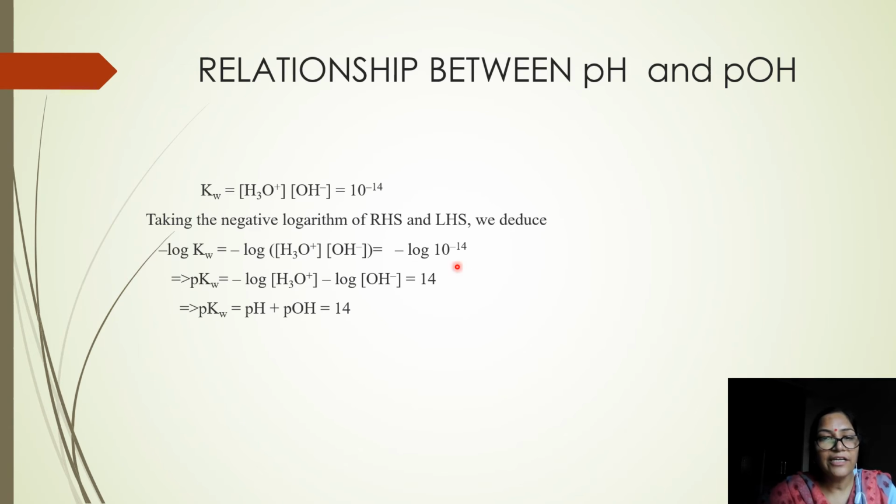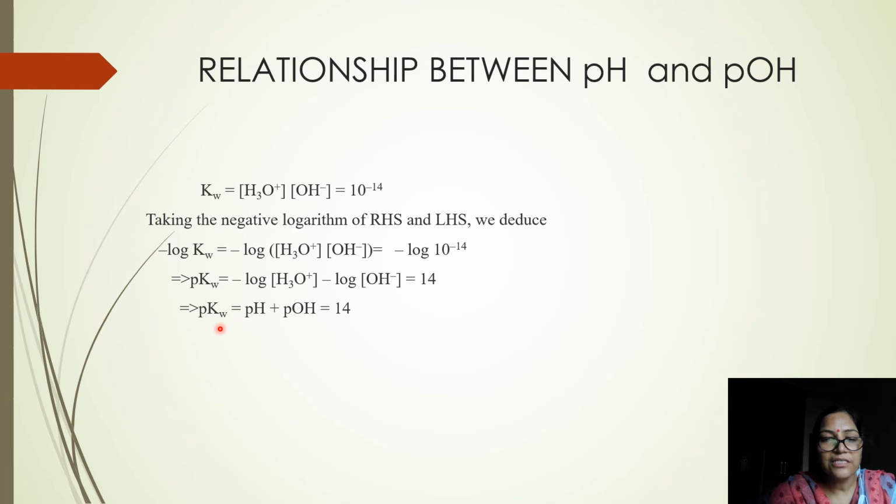From the ionic product of water, we can find a relationship between pH and pOH. Let us see how. Take the logarithm on both sides of the above equation. Minus log Kw is equal to minus log of hydronium ion concentration times hydroxyl ion concentration, equal to minus logarithm of 10 raised to minus 14.